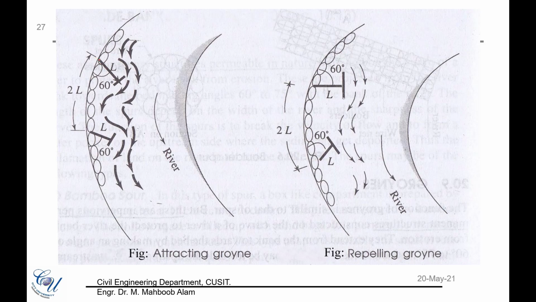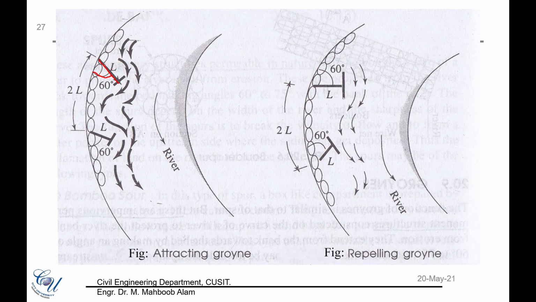In this case, you see that it is installed in this direction, 60 degrees oriented towards the downstream side. And this makes it an attracting groin, because the water is attracted towards these curves, towards the bend side. So this 60 degrees is in the direction of the downstream side.